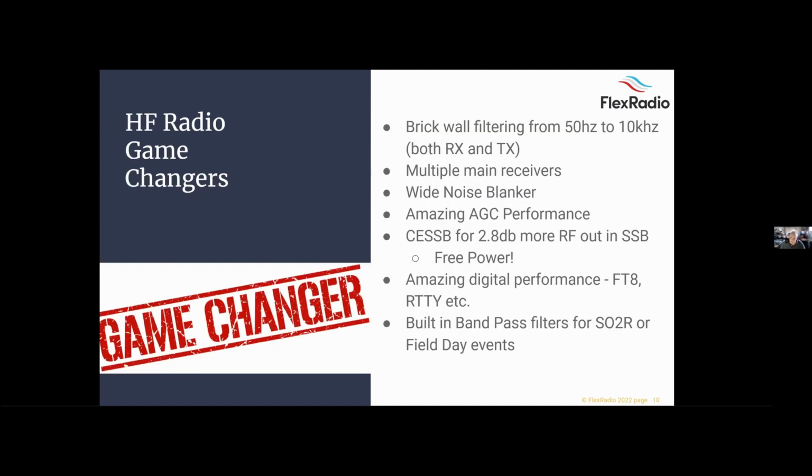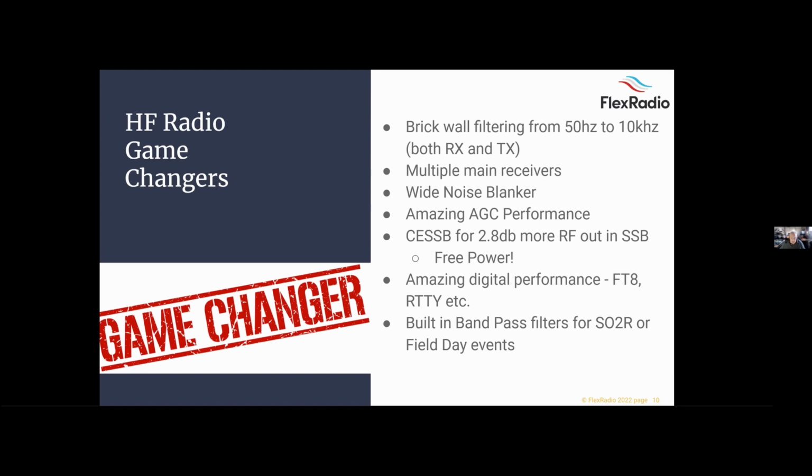So what are some of the game changers here? Well, because we're in the digital domain, we don't have to worry about pesky things like Q in filters, and we don't have to build stack filters to get adequate filtering.